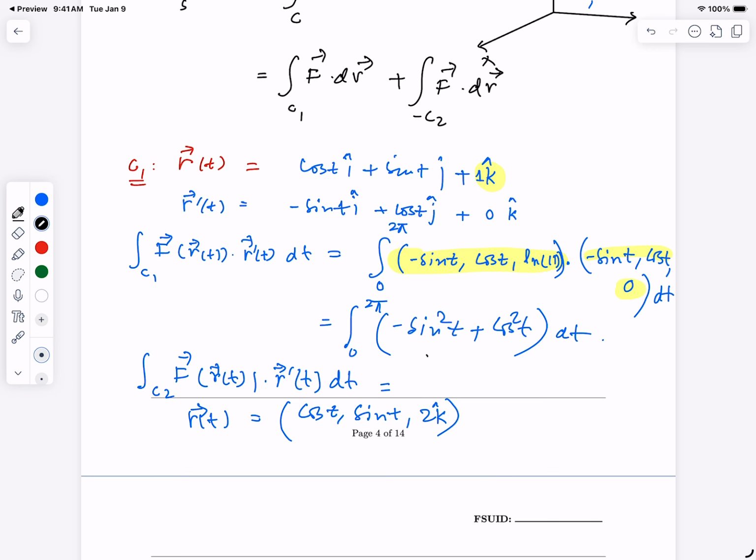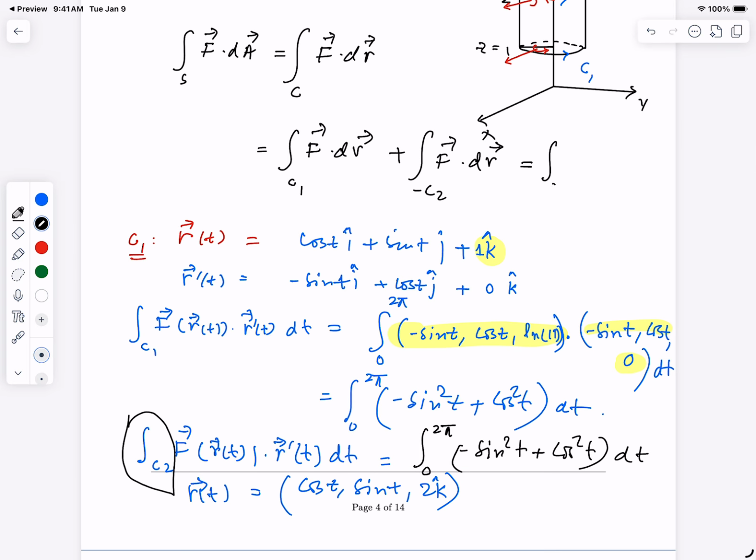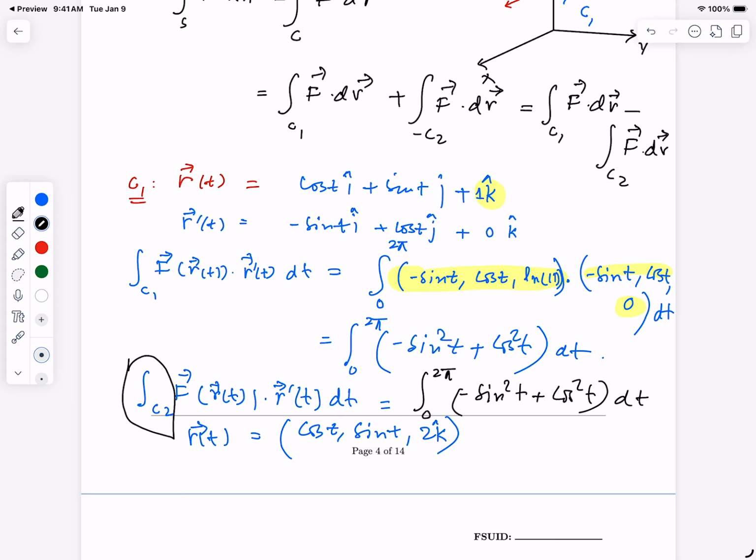And if you believe me, this whole thing will give you the same expression. I have computed the line integral around C2. You can explicitly write the line integral around C1 and minus around C2. And since both of these expressions are exactly the same, this is going to be 0.